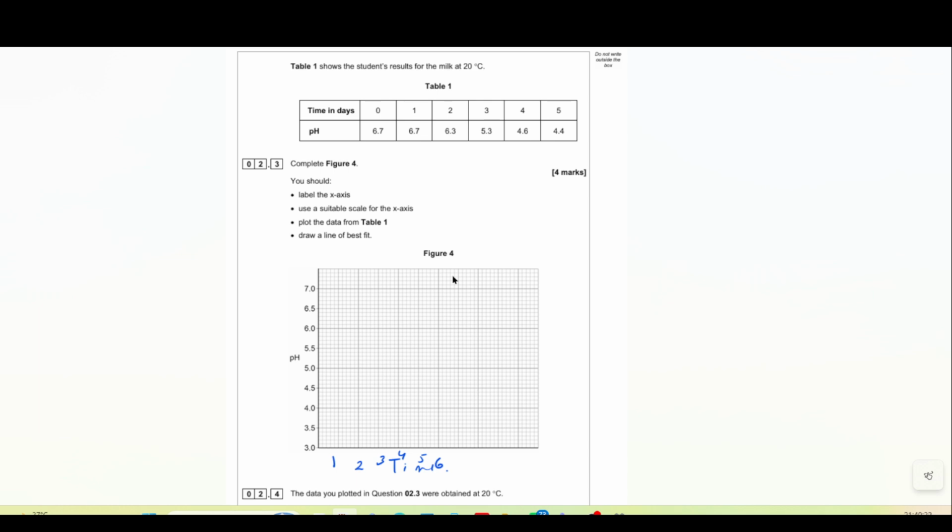So 0 is 6.7, which is 1, 2, right here. At 1, it's 6.7.